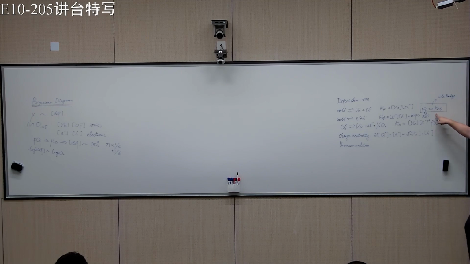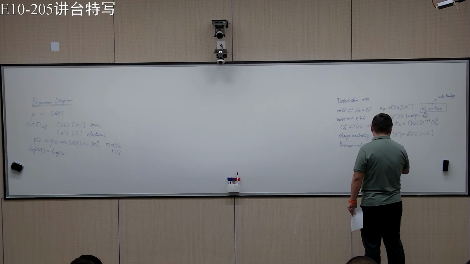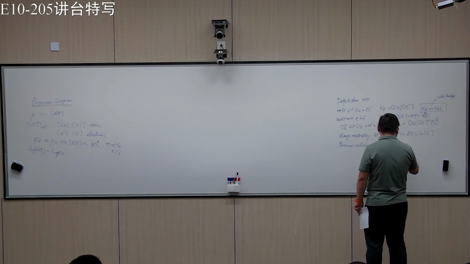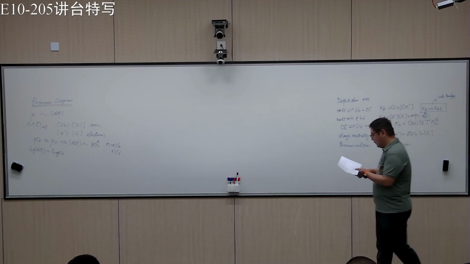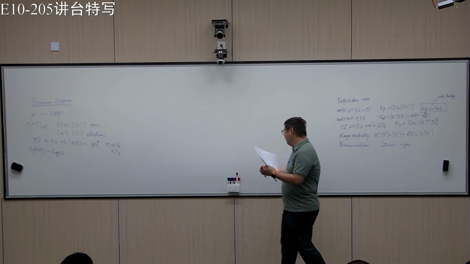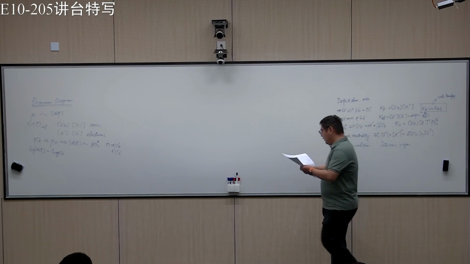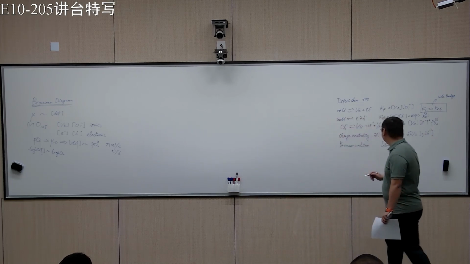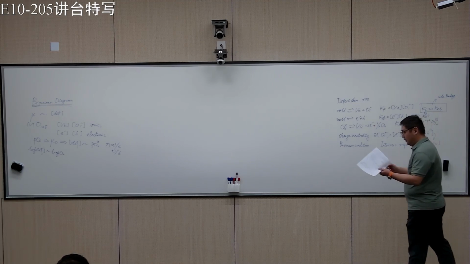So if Eg is large, then Kel is small. Then, for example, if we have the intrinsic region, we can simplify two terms. We can neglect the concentration of electrons and holes. So this becomes: the amount of oxygen vacancies is the same as oxygen interstitials.